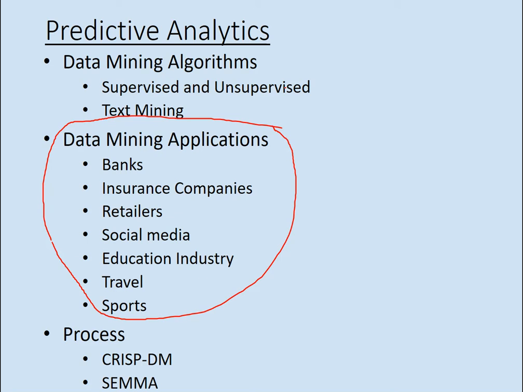Supervised are your regression and decision trees. Unsupervised is your association and cluster analysis. Remember, we have talked about CRISP and SEMMA as well. In SAS Enterprise Miner, we use the SEMMA methodology, which I'll show you in the introduction of business intelligence, the introduction of the Enterprise Miner tool.